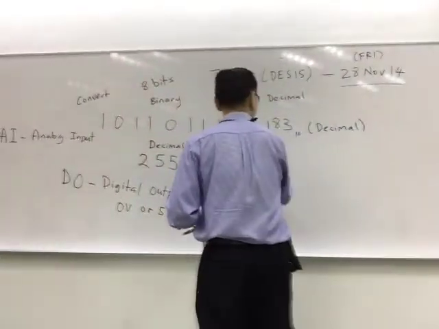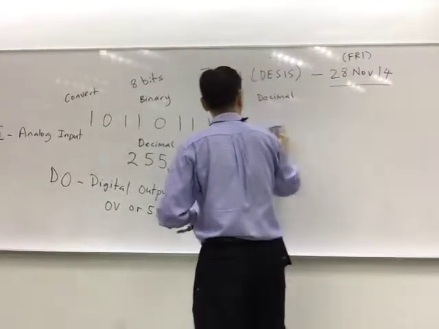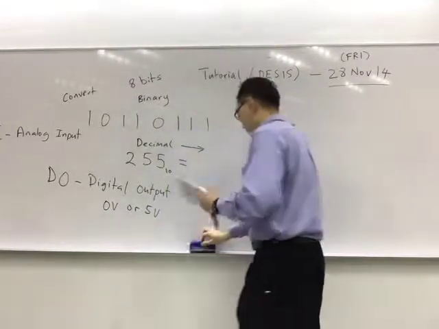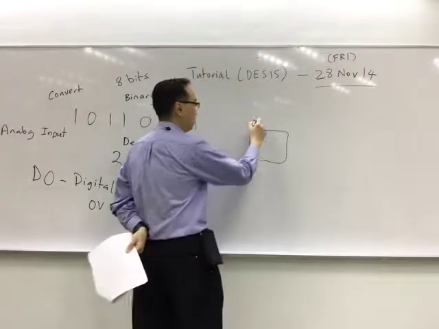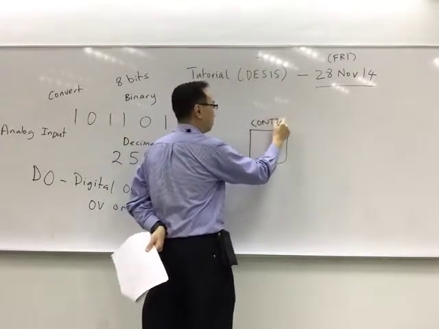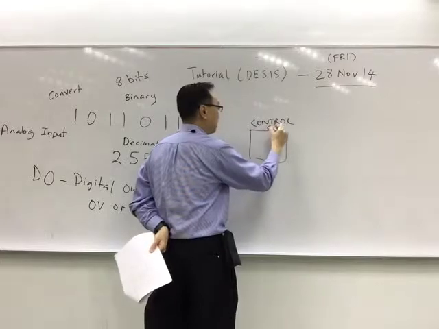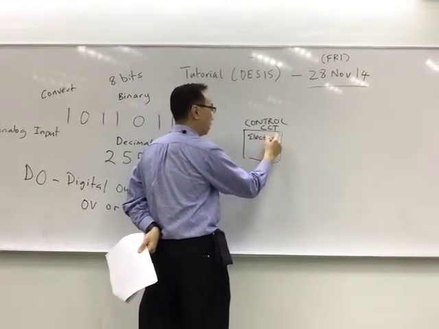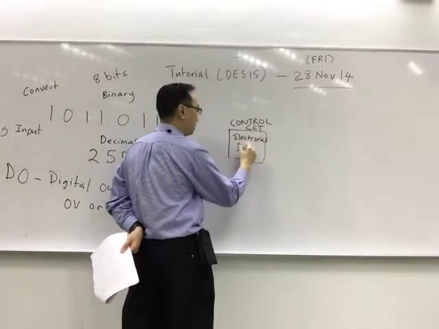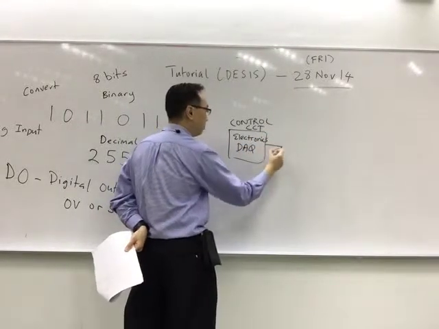So very common, when you do some kind of circuit, usually you have what we call the control circuit. Control circuits are basically electronics, maybe like DAQ and so on, but the output is very small.